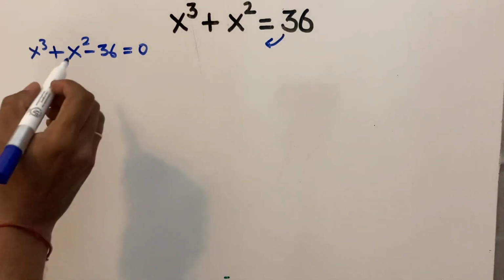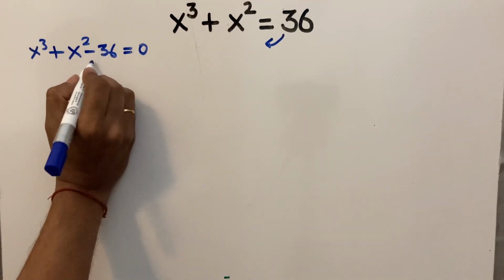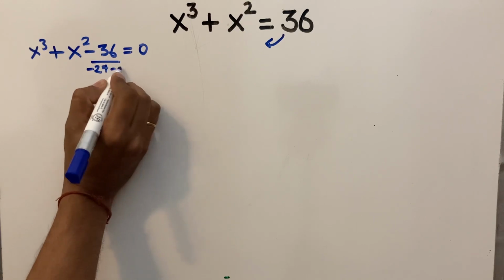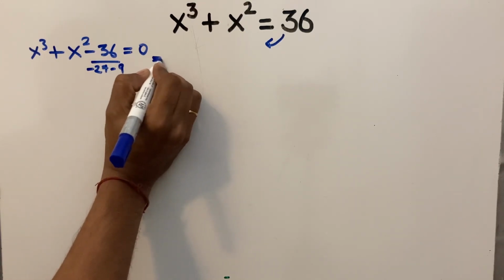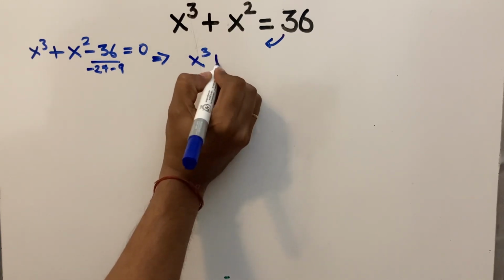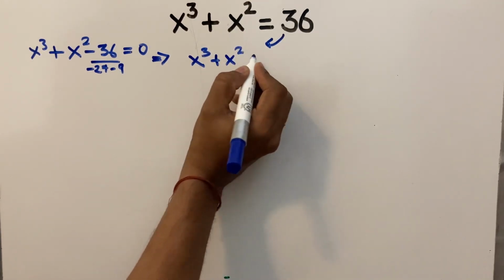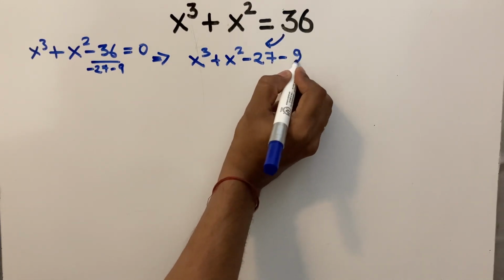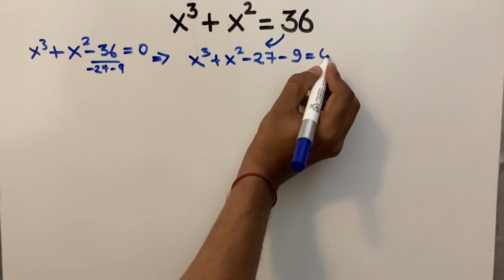Further, to simplify this equation, we will break down 36 into minus 27 minus 9. Then this equation becomes x to power 3 plus x square minus 27 minus 9 equals 0.